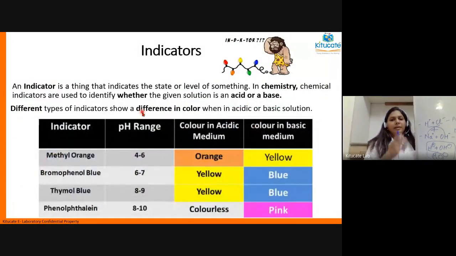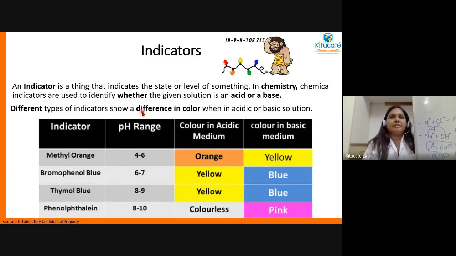Now, before we understand how we measure acidity and basicity of any chemical, let's understand what we use to identify acids and bases. Something that gives you direction, like when you are traveling on a highway and you look at the signboards. What do you call them? You call them indicators, right?